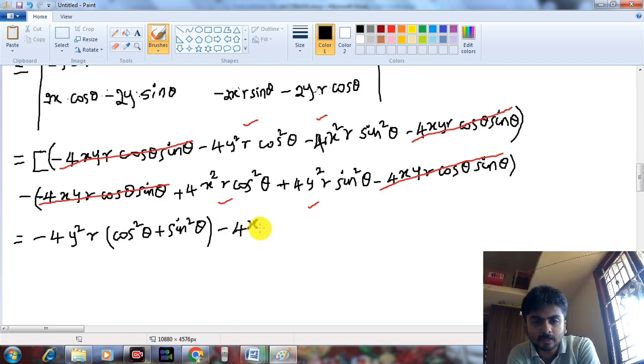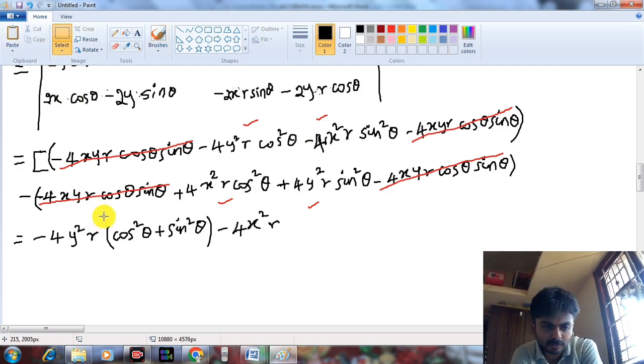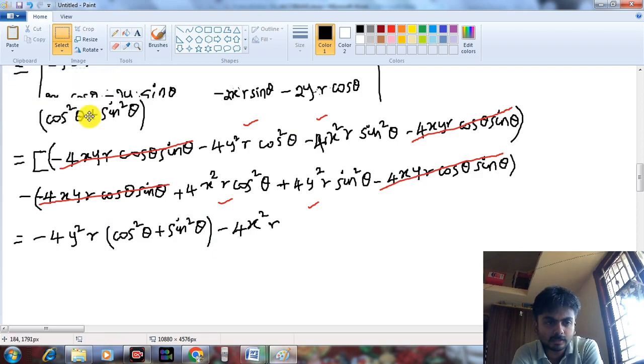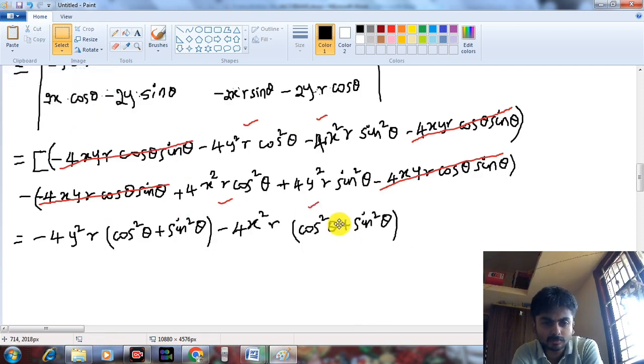If I take x square r common outside, again we will have cos square theta plus sin square theta. So I shall copy this and paste it here, Control C, Control V. Minus 4x square r into cos square theta plus sin square theta.